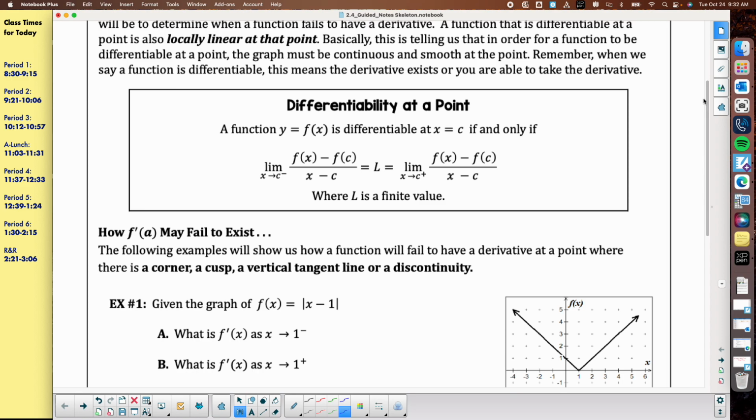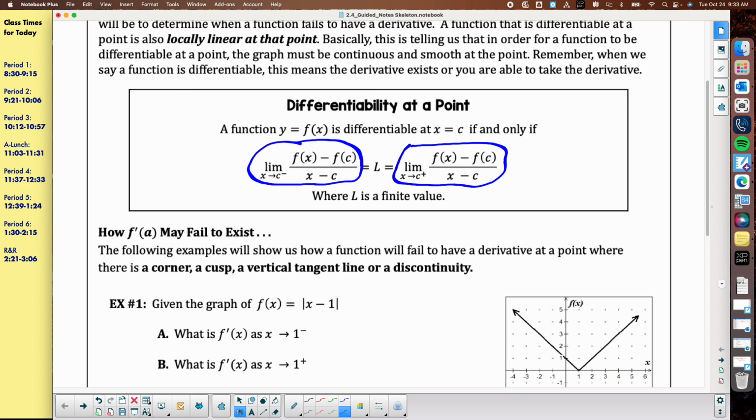So that little boxed in area that says differentiability at a point. I'm hoping we've done this enough by now that you can read the notation. This says something, and this says something. Do you remember what either one of those mean? Because they're kind of the same thing-ish.